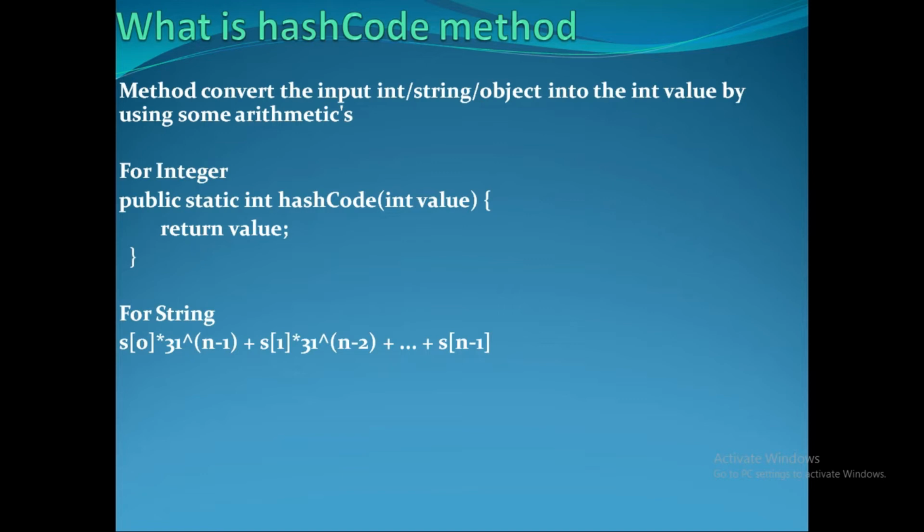If the string has length 5, that is 31 to the power 4, plus s[1], the character at position 1, multiplied by 31 to the power n minus 2, like that. This is the formula to create the hash code for the string. Okay, I will show you where it is present.